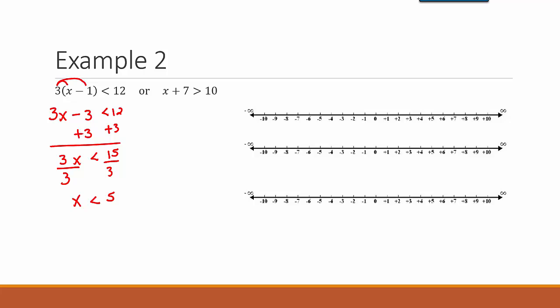Okay, my second inequality, I had x plus 7 is greater than 10. So we would just subtract 7 from each side to solve that one. So I have x less than or equal to 5 or x is greater than 3. Remember, our objective with the OR inequalities is to make sure that both of our solutions are taken care of all in one solution.